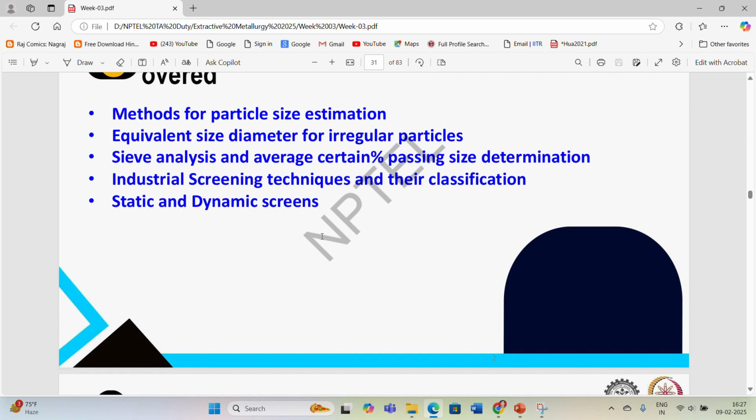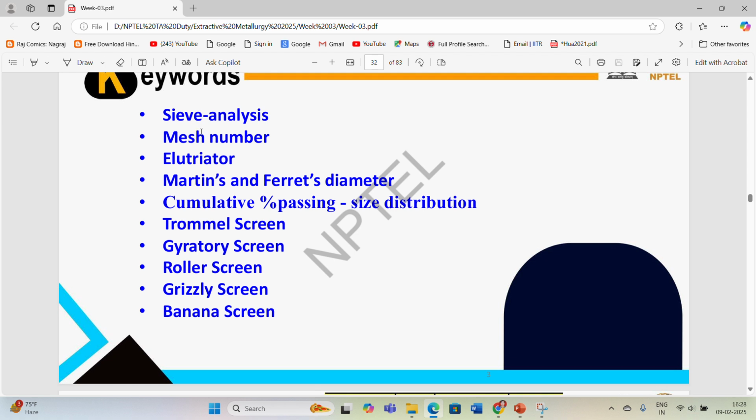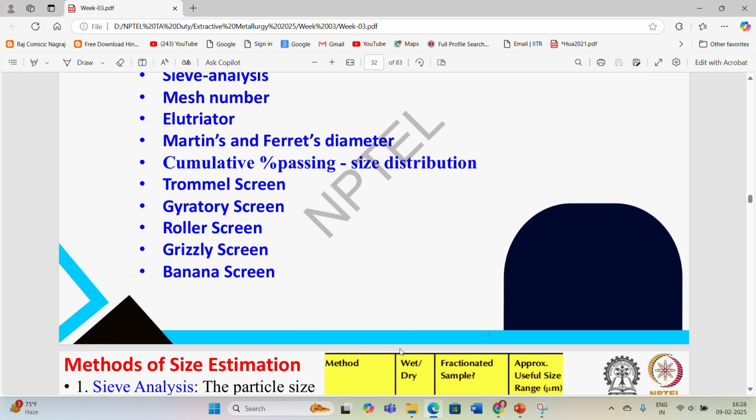So we need to divide that particular concentrate according to the different size streams so that we can use them in further process streams. For this, we generally go for sieve analysis or various types of screens for differentiating the concentrate into different size ranges.